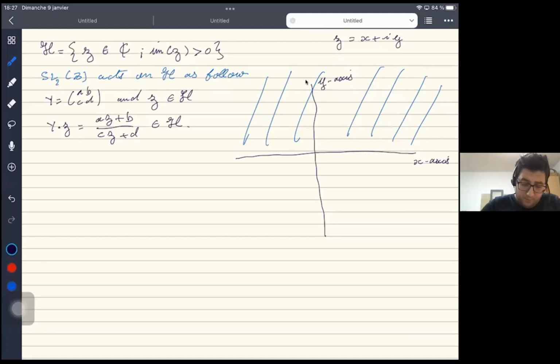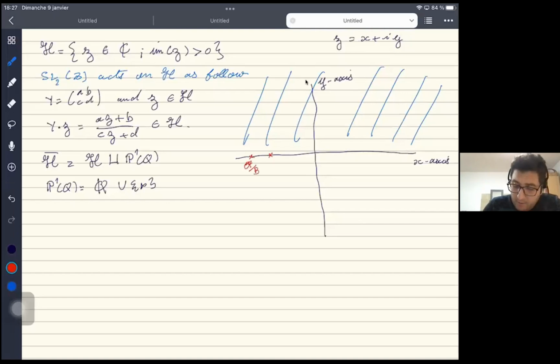So what we want to consider is the following. We take H bar, which is H disjoint union with P1(Q). You can see P1(Q) as Q union infinity, where Q is given by rational points alpha over beta.